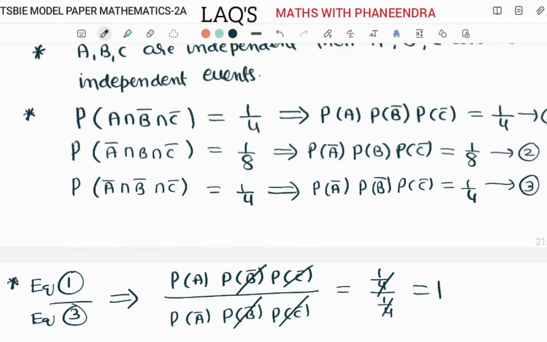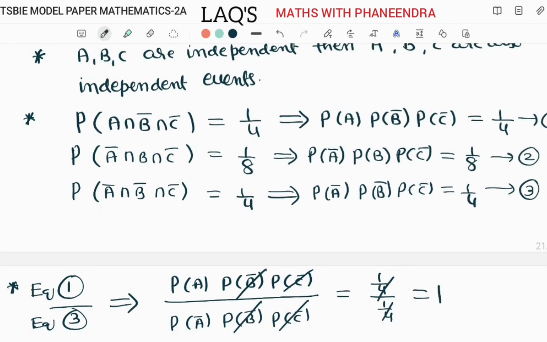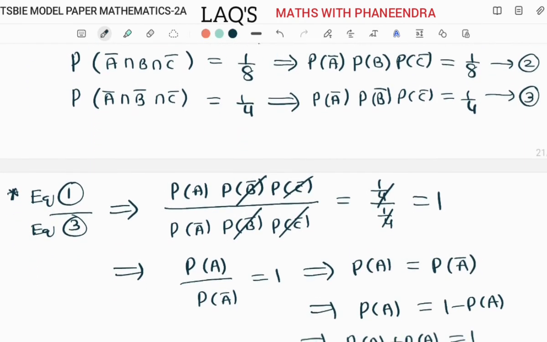Similarly, equation 2 by equation 3 we will do.